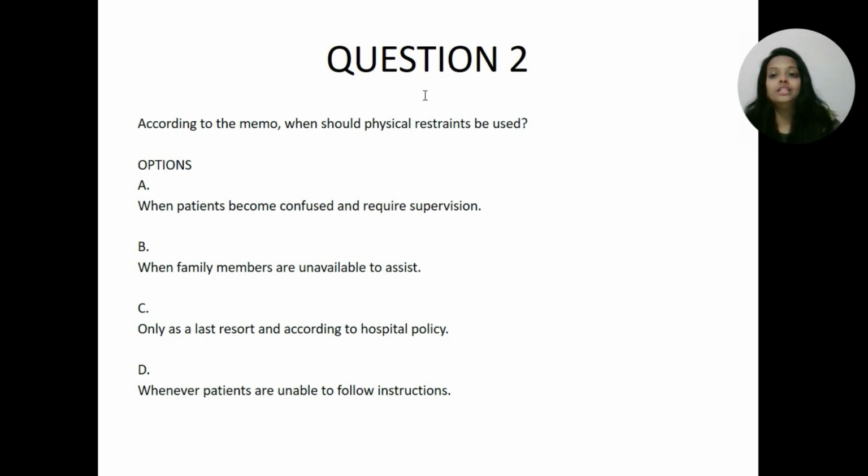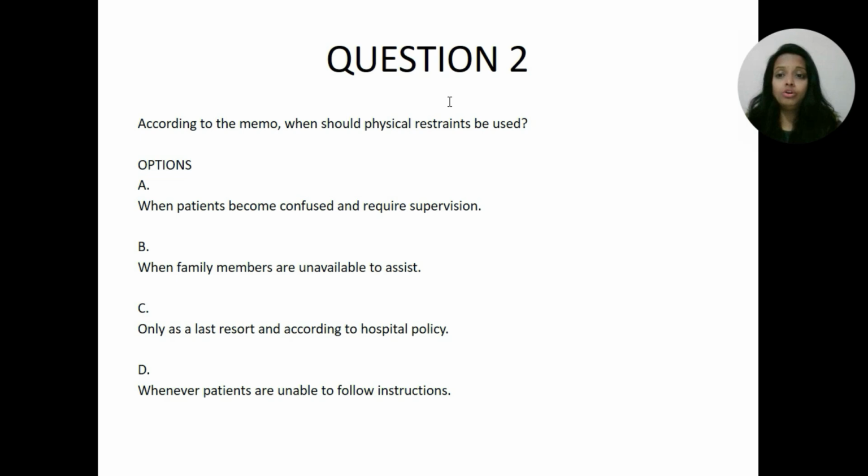Now, this question traps candidates who think confusion equals restraints. That's clinical instinct, but not policy compliance. Got it? So if you look at option A, confusion is not equal to restraint, right? Supervision is mentioned as an alternative, so that is wrong.